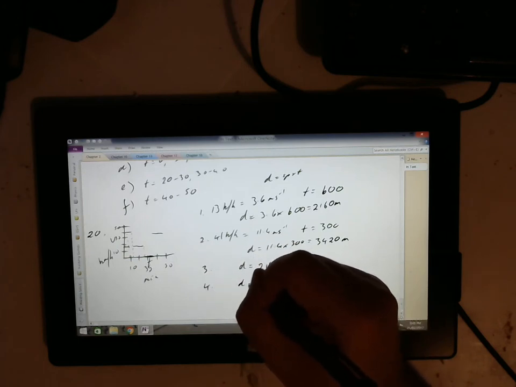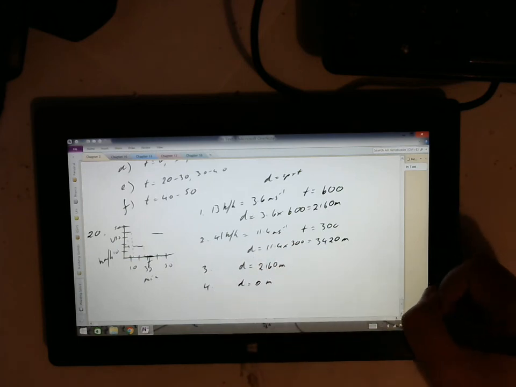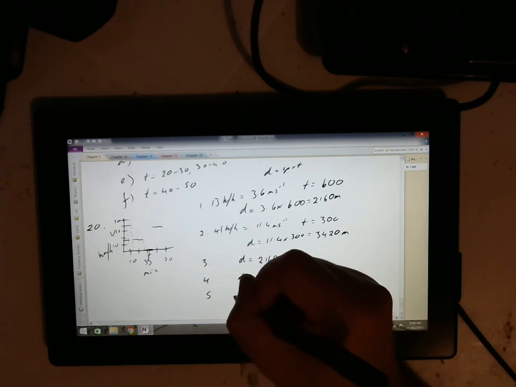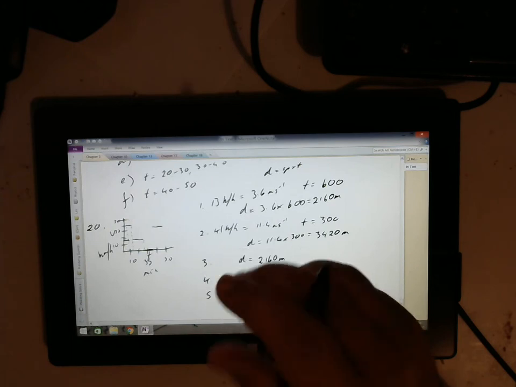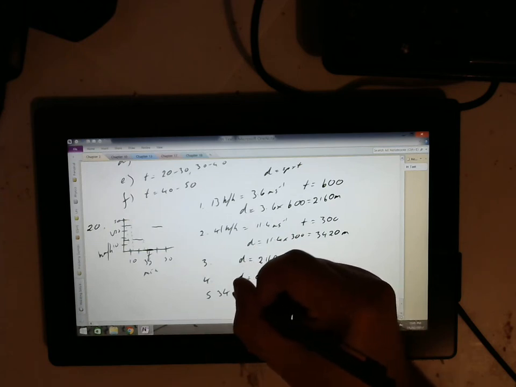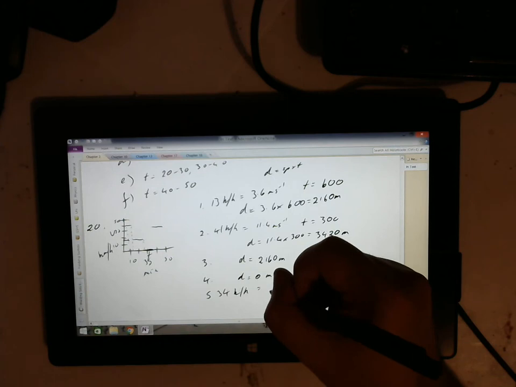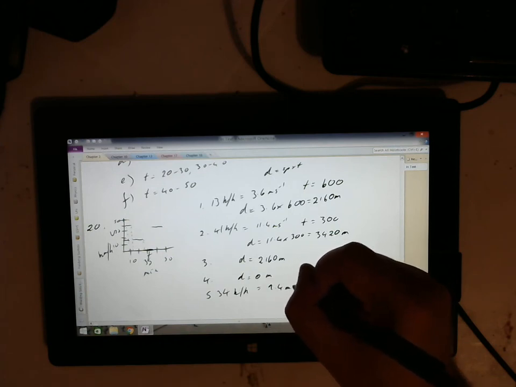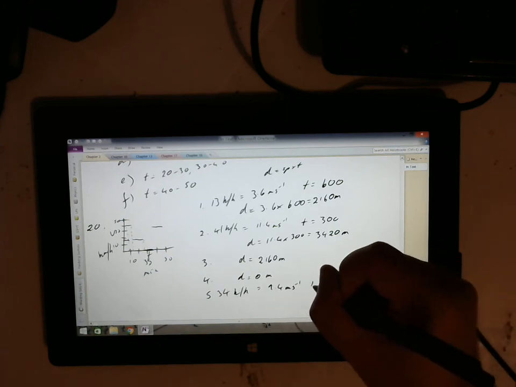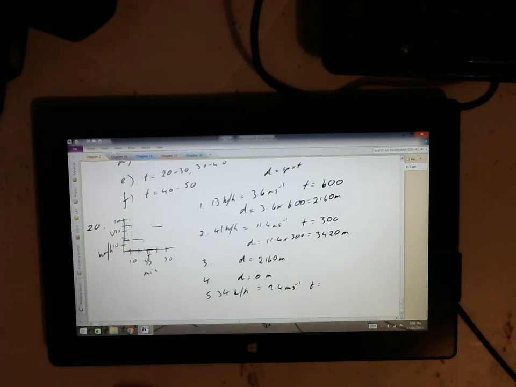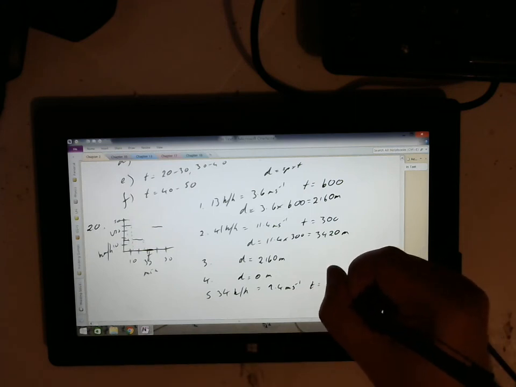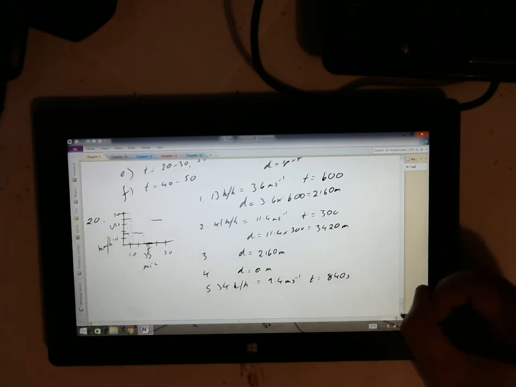Stage 4, distance will equal 0 meters because there is 0 velocity. Stage 5 was 34 kilometers per hour, which is 9.4 meters per second. Time equals 840 seconds.